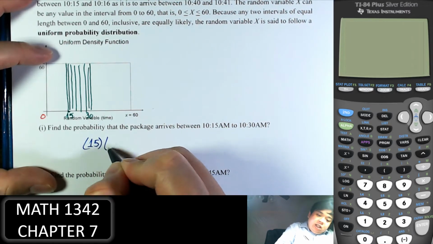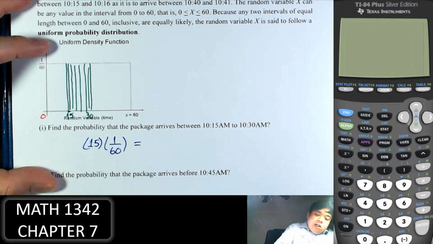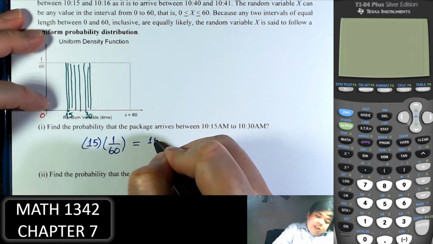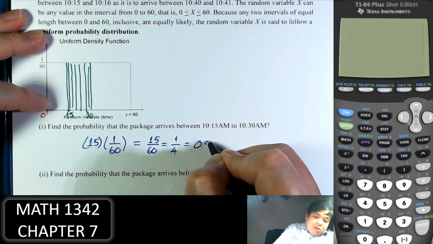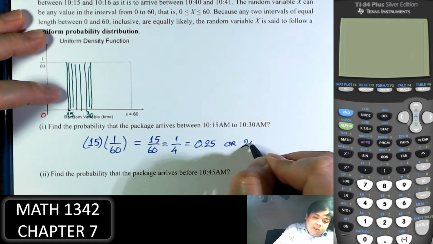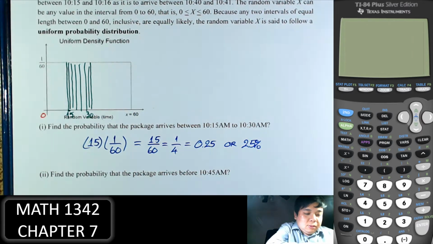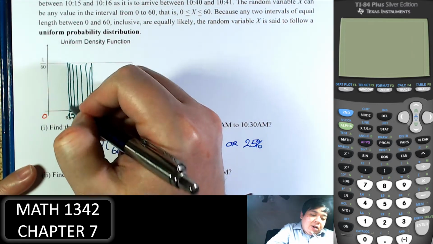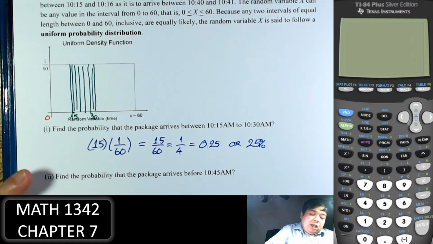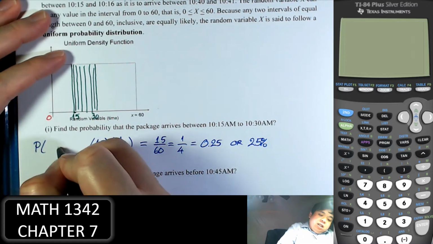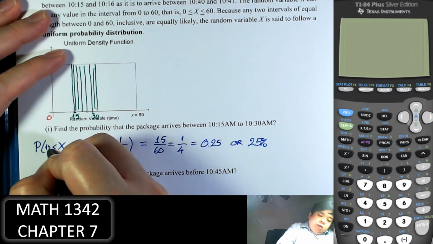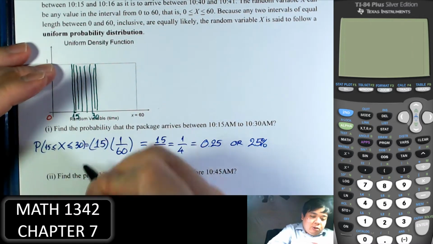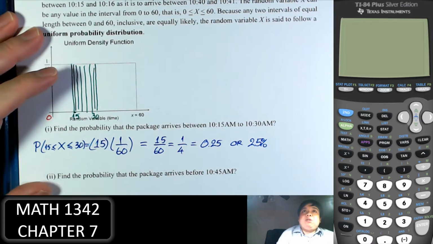The height is 1 over 60. So we have 15 over 60, which is 1 over 4, or 25%. So we just find the area of the corresponding interval, x from 15 to 30. So the probability that x is between 15 and 30 is equal to the width times the height.